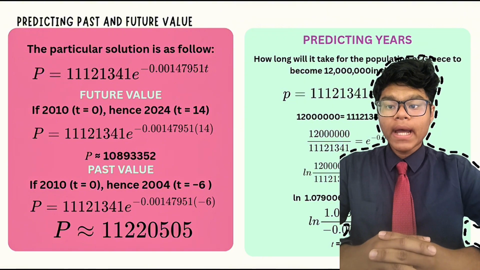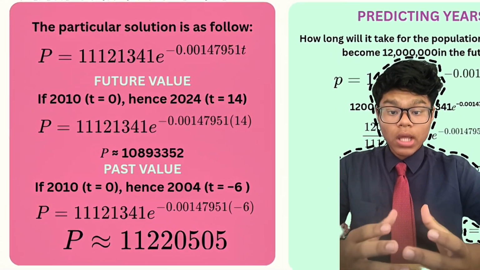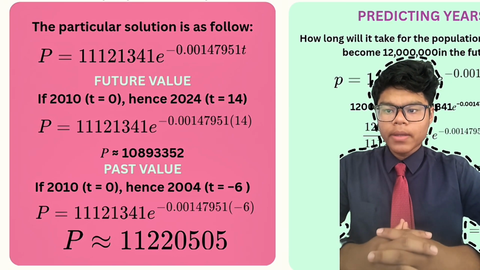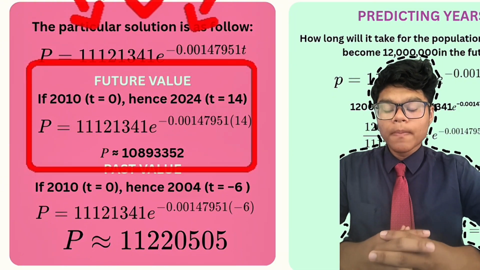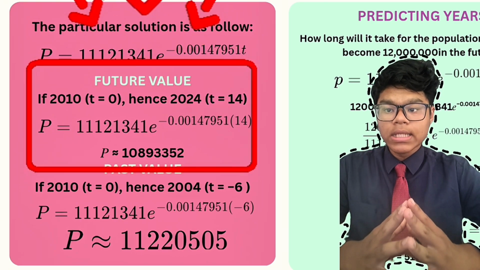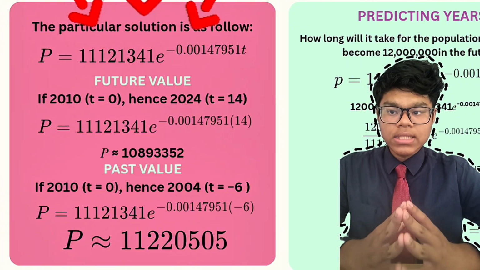Now for predicting past and future values. We've already gotten the particular solution equation, and thus we will be calculating the future value by making 2010 as t equals 0, because that is when our decay starts to occur.